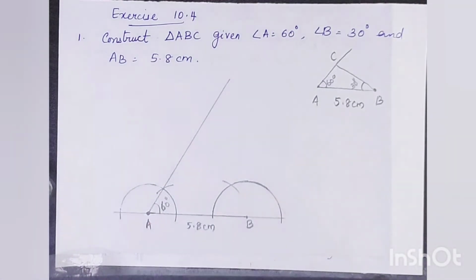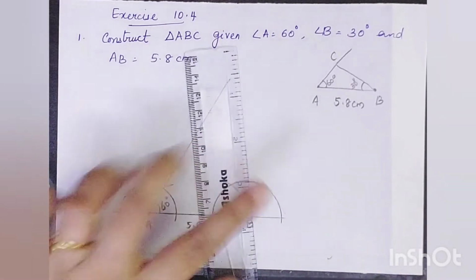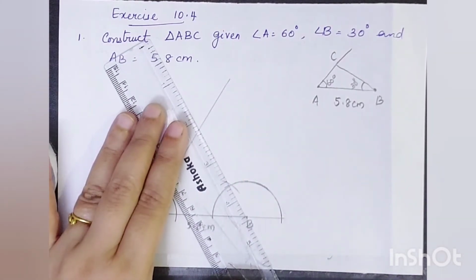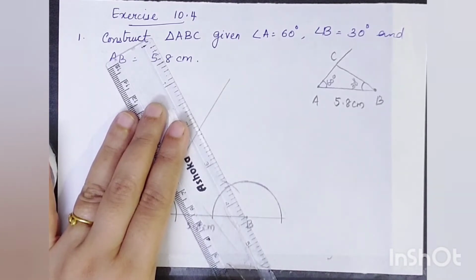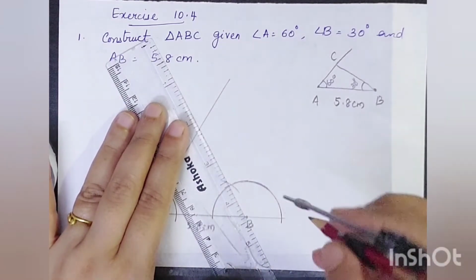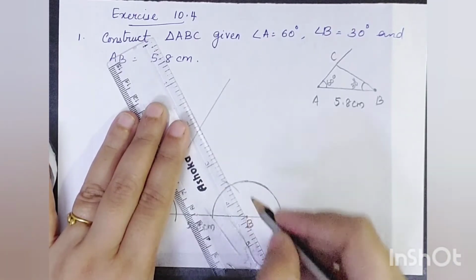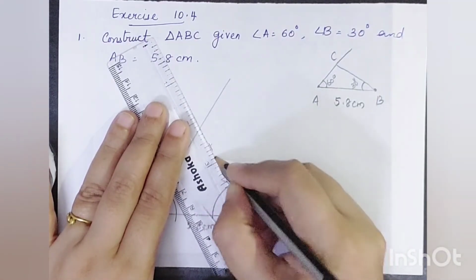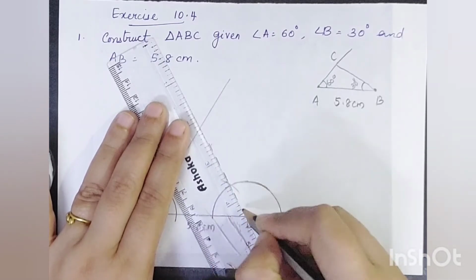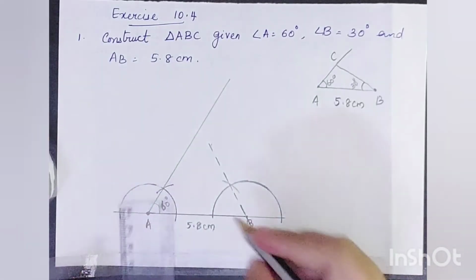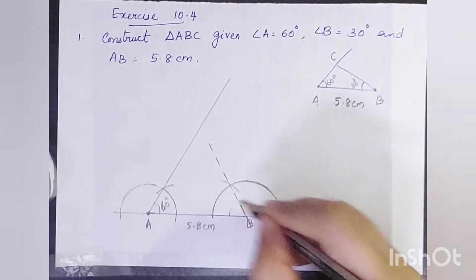Now draw a line. Let's draw a dotted line passing through this new point. Now this angle is how much?